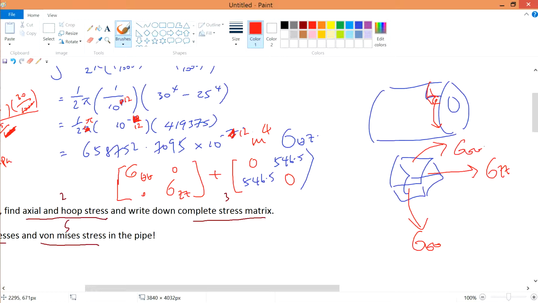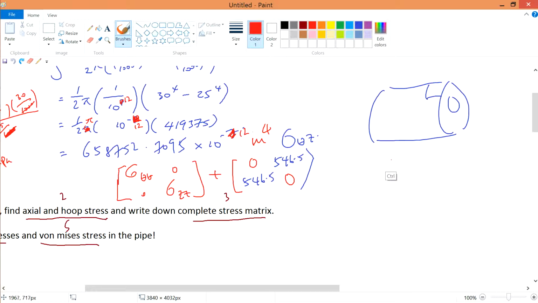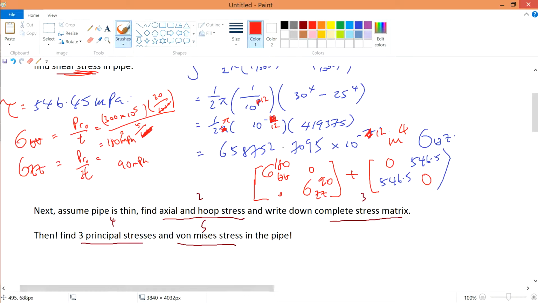So this is not exactly shear stress, but rather a force trying to rip off this piece, creating a crack along this line. The longitudinal stress is trying to create cracks along the longitudinal line. I may be wrong in my explanation, but it's at least something useful to discuss. We know our sigma theta theta is 180 and this is 90, because this is what we found just now.